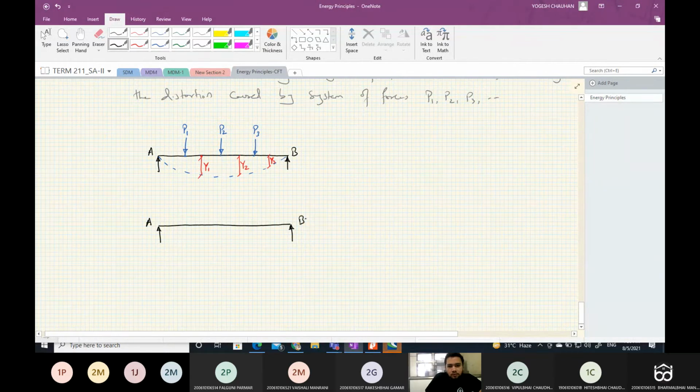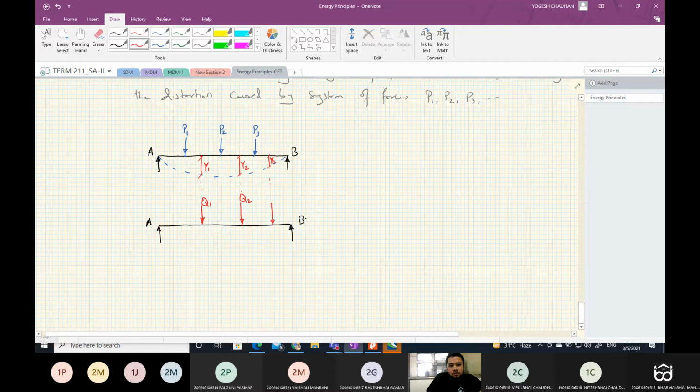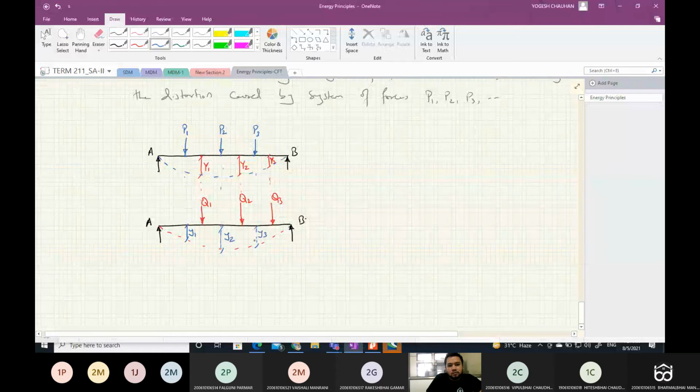This is A, this is B, and this time we apply a force Q1 corresponding to this, Q2 and Q3, and the deflection produced due to this, let the deflection produced corresponding to P1 be small y1, the deflection corresponding to this small y2, and this deflection corresponding to this small y3.